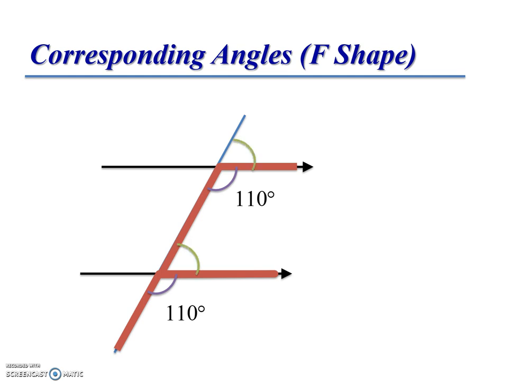So, a very quick question here. What do you think the value of the angle marked with green color is? Now, as you can see, or if you can still remember, a straight line will give you 180 degrees. So the balance of the angle on this straight line is 70. So each will be 70 degrees.